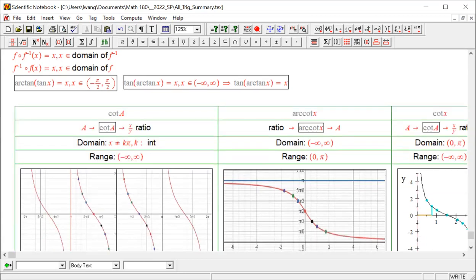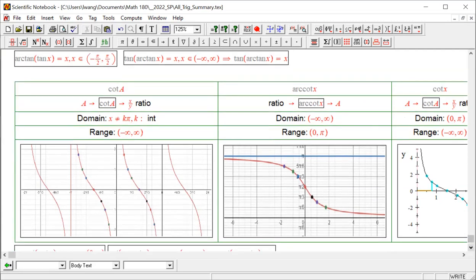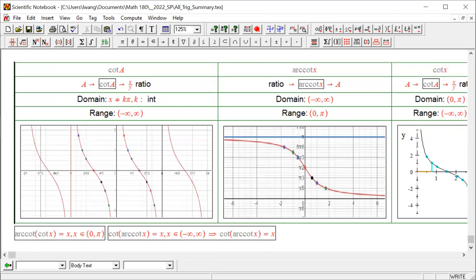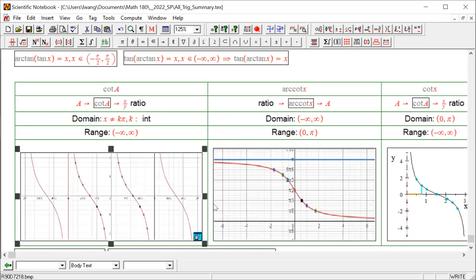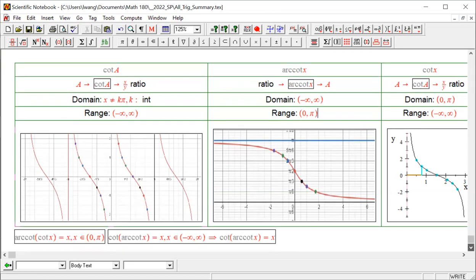And next we discussed cotangent. For cotangent it's a similar theme. Just like for tangent, we discussed, is it one-to-one, is it even, odd? We have discussed all of these properties once again. So we repeated the same theme over and over again. Here's our cotangent, its domain and range, and its inverse is a piece of cotangent, which is from 0 to pi.